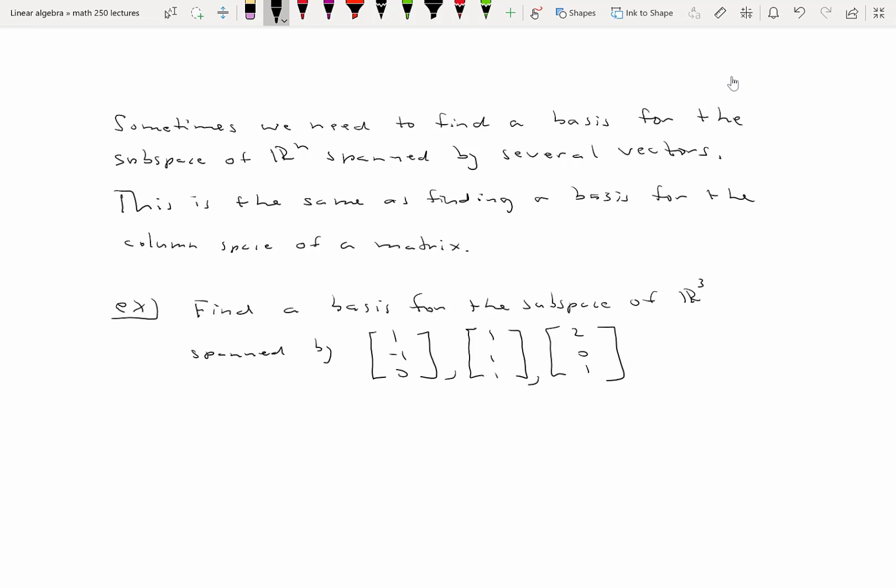If you really look carefully at these three vectors, you can get an answer. But I want to use our procedure for this.